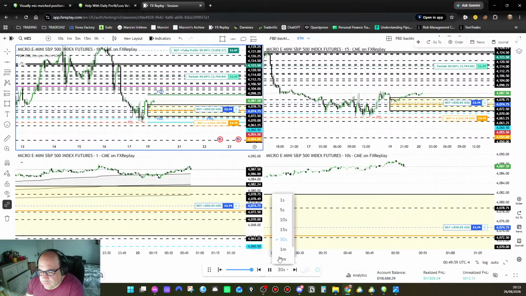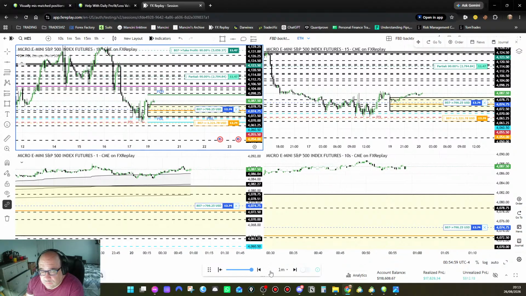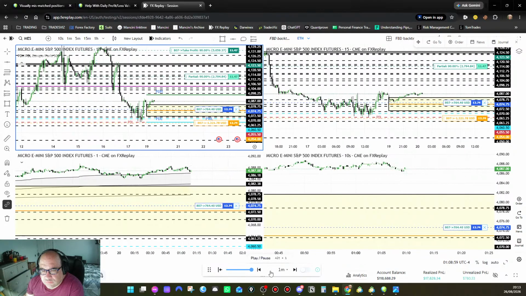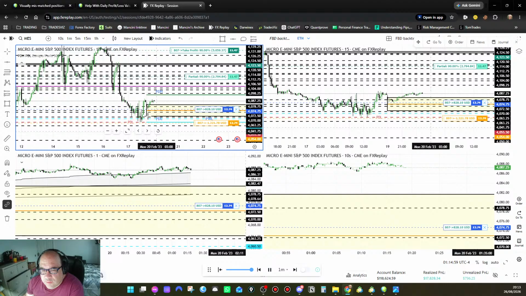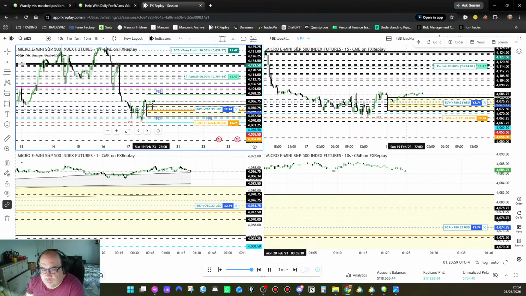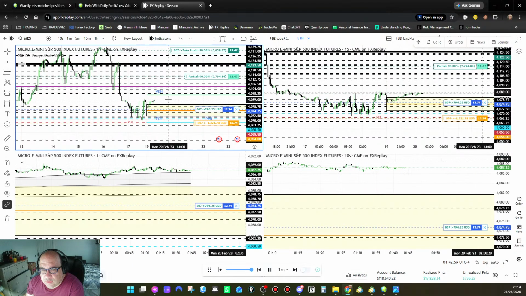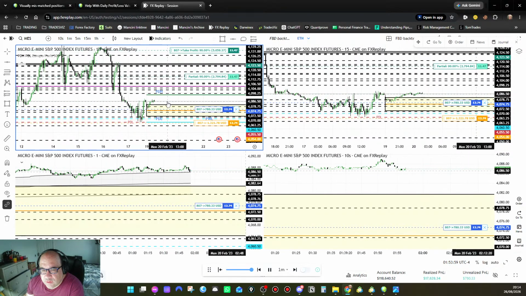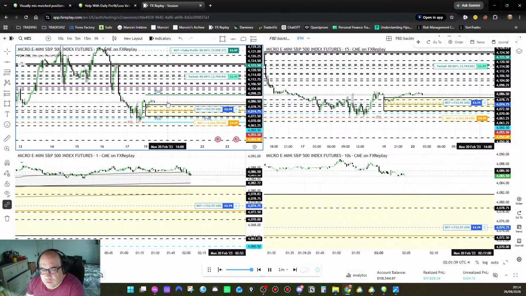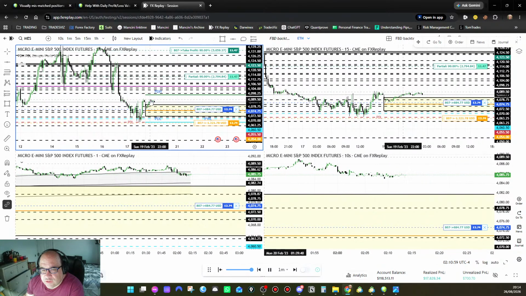Can go a little faster. See how the market did the pullback there, and now in theory it should pick up. These are the previous highs now.